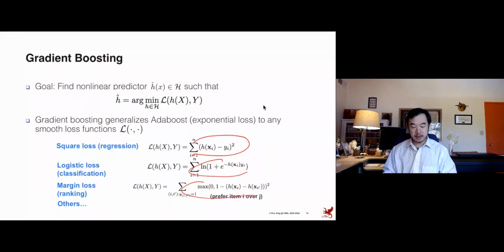So in here, the loss function is actually a black box, as long as it is differentiable and smooth. How many labels you have, and whether they are based on probability or based on margin is actually less of an issue.